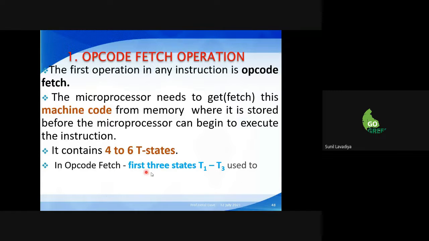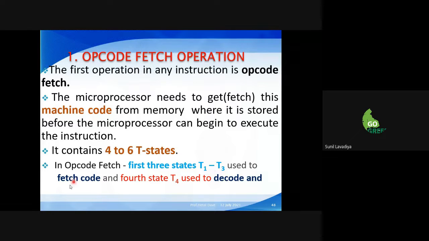In the opcode fetch, the first 3 states, T1 to T3, are going to be used. If I consider 3 T-states, they are called T1, T2 and T3, in sequence. T1 to T3 are used for fetching the code, and T4 is used for the decode.